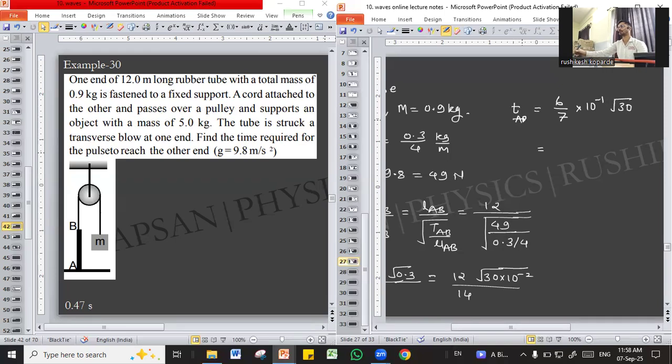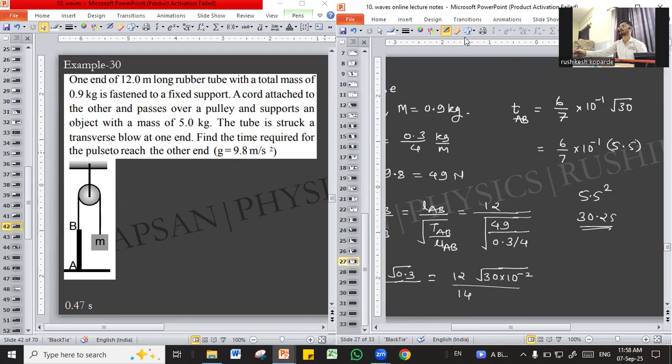This is the time required for motion A to B. Distance upon speed. What is root of 30? This is root 3 into root 10, or you can simply say root 30. Approximately, you can take 5.5. What is 5.5 square? It is 30.25. So it's 5.5.